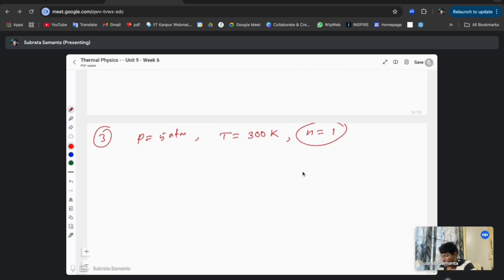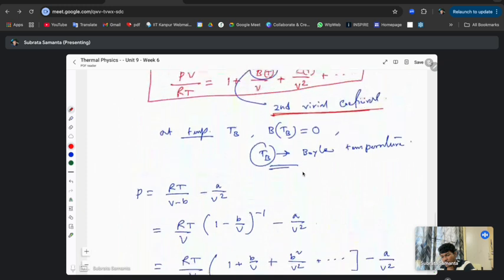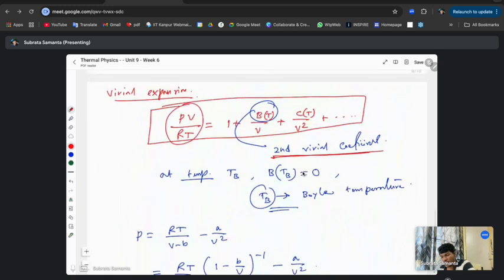Since in this problem the second virial coefficient is given, I have to truncate this virial expansion, this series, up to this point.